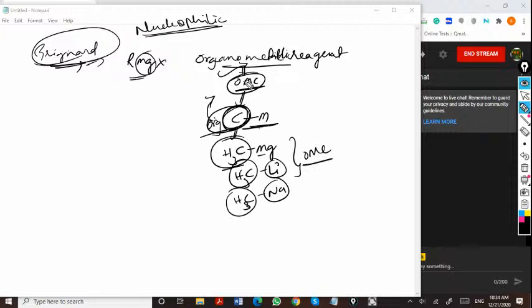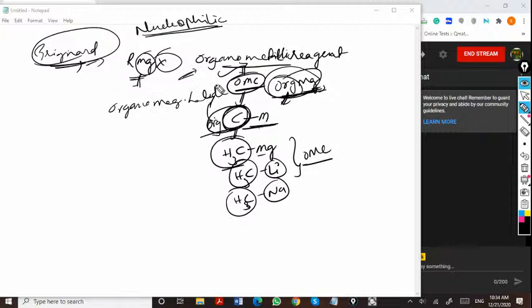Here we are going to discuss a specific organometallic compound, which is organomagnesium compounds. They have an organic moiety and a magnesium moiety along with a halogen. So Grignard reagents are organomagnesium halides, which are classified as organometallic reagents.